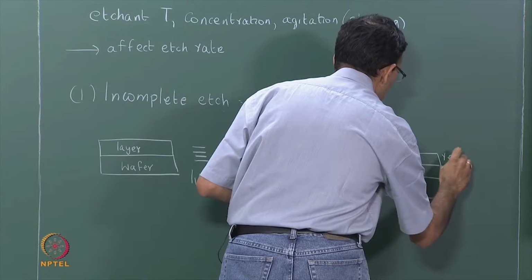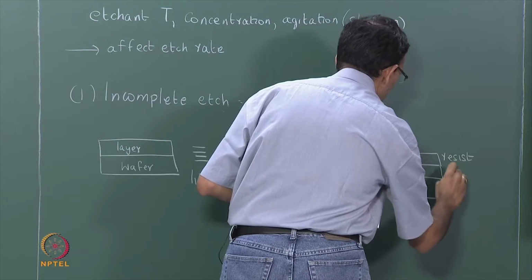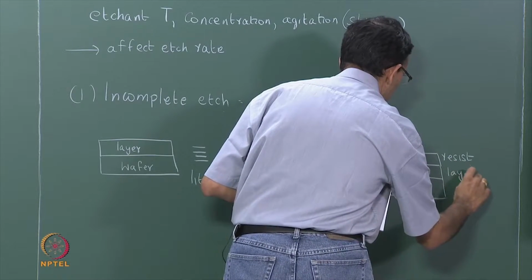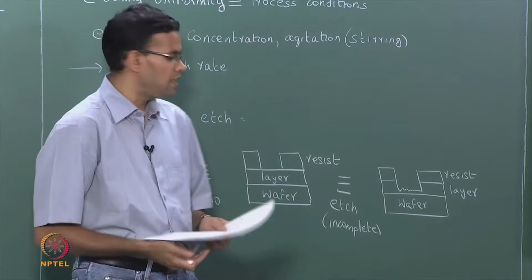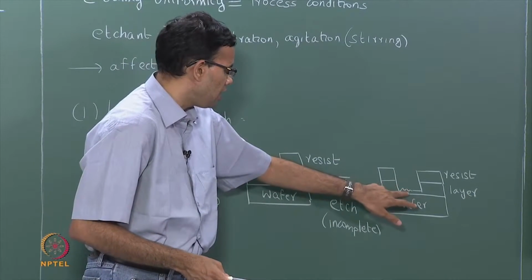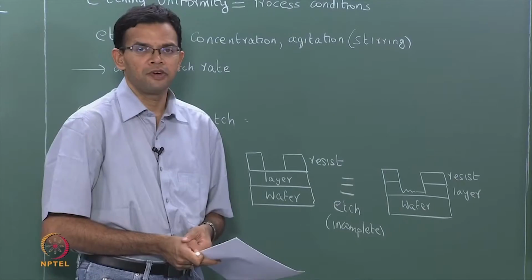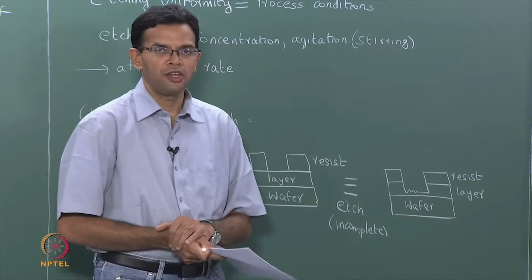This is the resist, this is the layer. So this is an example of an incomplete etch where the etching has not gone all the way to the wafer, but it has stopped somewhere here.